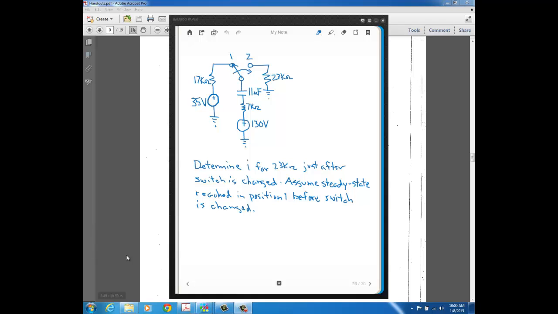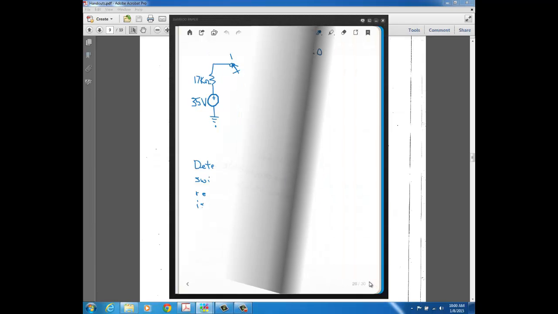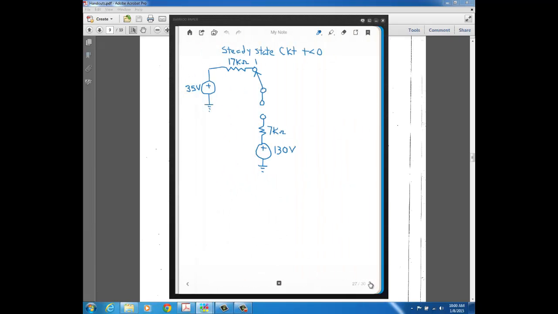So we first look at this circuit where the switch is in position 1, and since the capacitor is initially uncharged, we represent the steady state condition of that capacitor as an open. This open right here is the steady state condition of the capacitor.